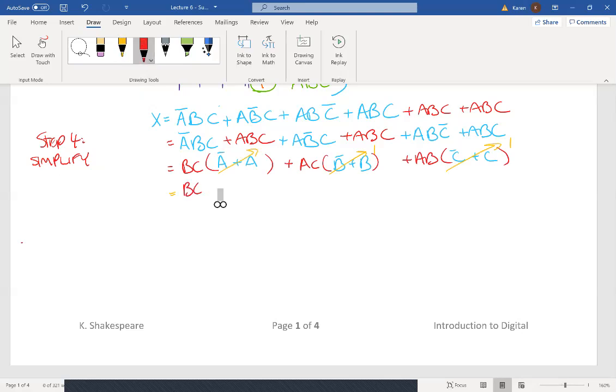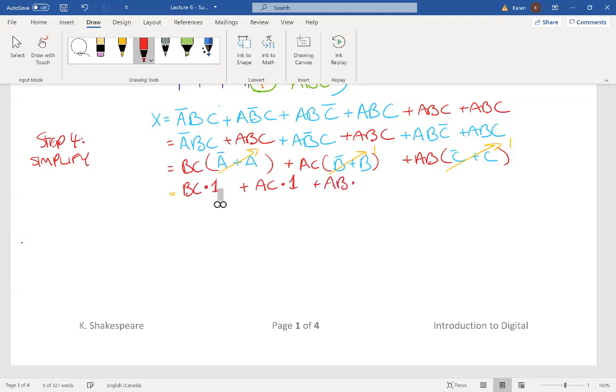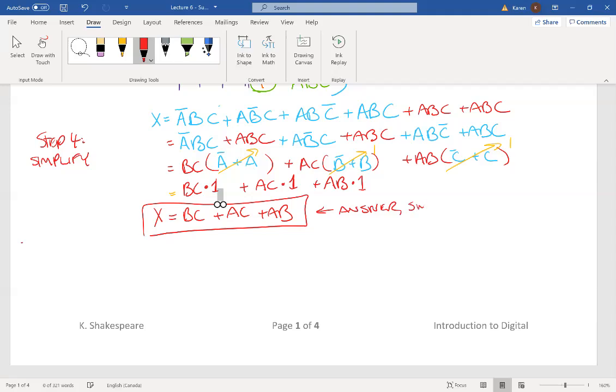So now this is BC and 1 plus AC and 1 plus AB and 1. And anything ANDed with a 1 is going to be the same as just that thing itself. And I can't see any further way to simplify this, so I'm going to say this is the answer. Simplified.